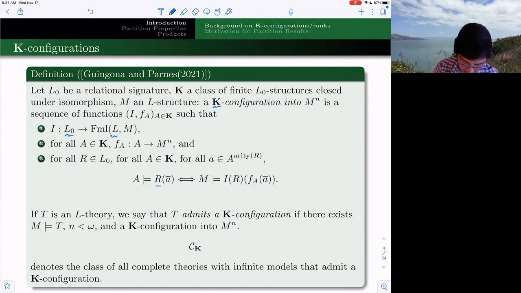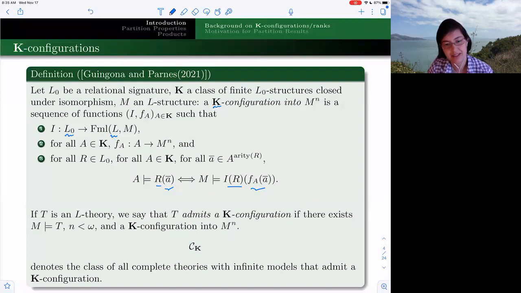So R goes to I of R. Then there's a correspondence: if you have an edge over here, then the image in the monster model satisfies the formula and vice versa. That's what it is to admit a K configuration. The examples to have in mind are if R is an ordering relation or a graph relation.